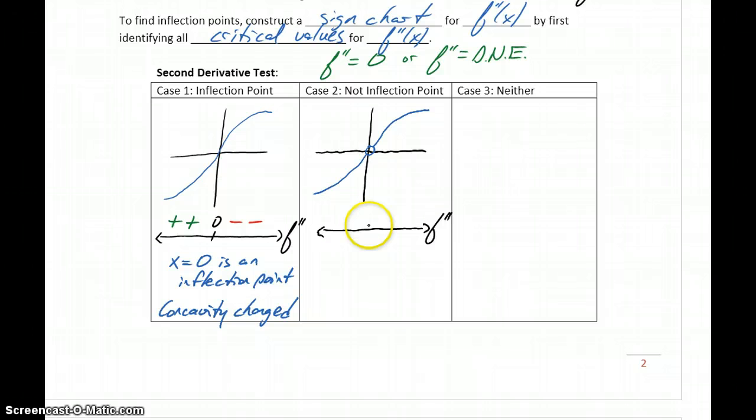So looking at our second derivative, we would again have a point where either the second derivative is equal to 0 or is undefined, and concavity is changing from positive to negative. So here, concavity changes, but the function is undefined at x equals 0.